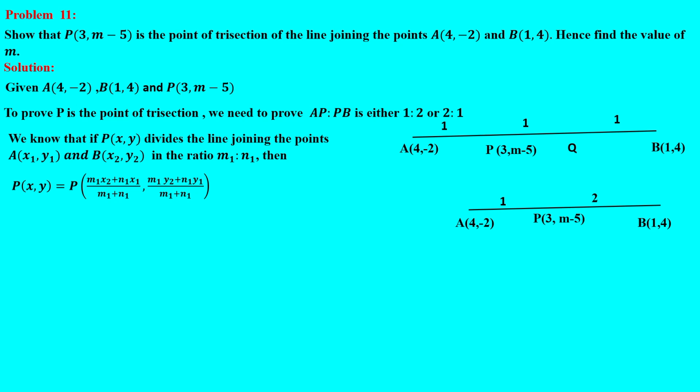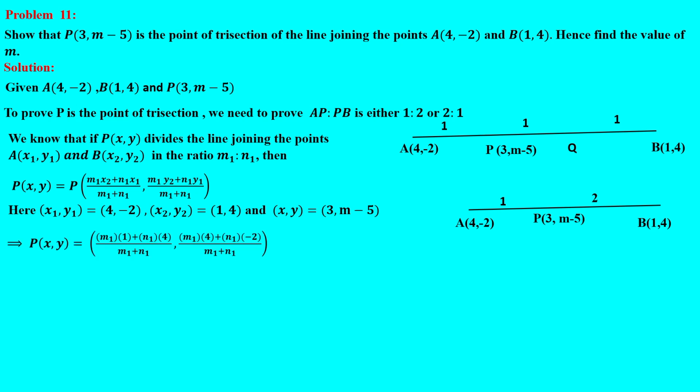Then P(x, y) is equal to P of x coordinate (m1 x2 plus n1 x1) by (m1 plus n1), and y coordinate (m1 y2 plus n1 y1) by (m1 plus n1). Here (x1, y1) is (4, minus 2), point A, and B is (x2, y2), point (1, 4), and the point P is (x, y), that is (3, m minus 5).